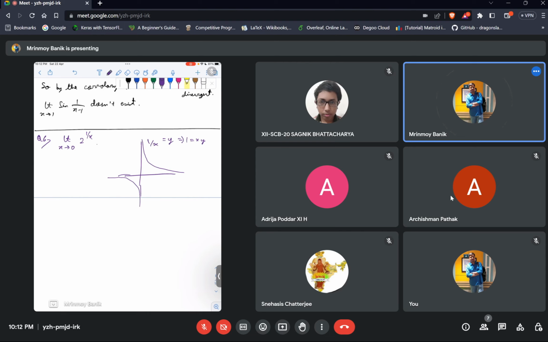So if we take the exponent, 2 to the power 1 by x, then obviously this will also blow up pretty fast. And this is not even bounded, so there is no question.